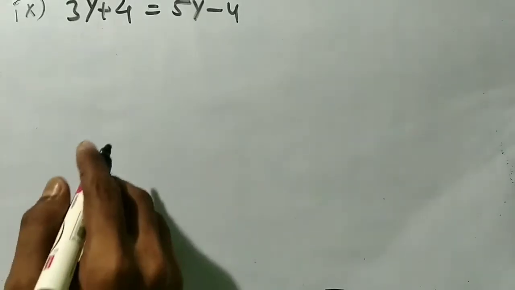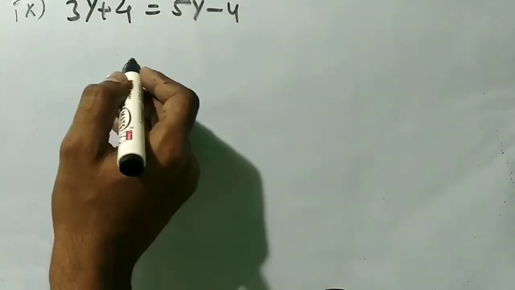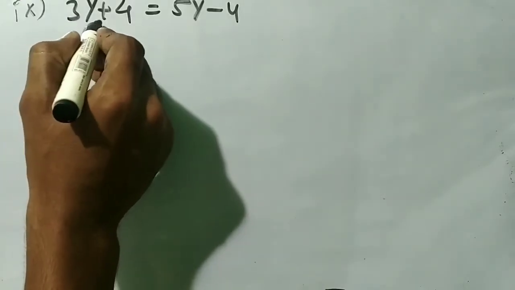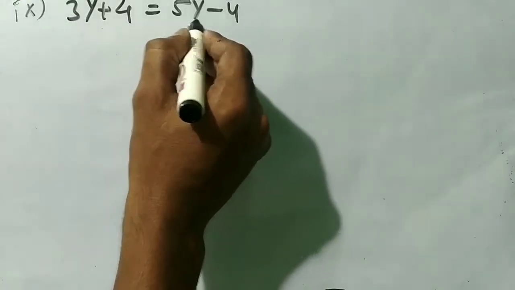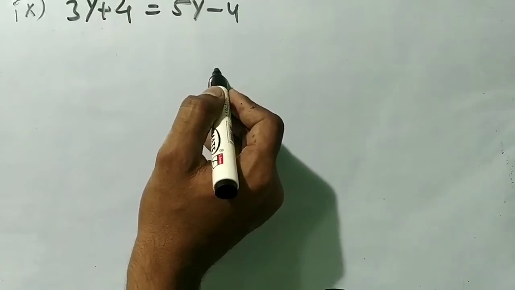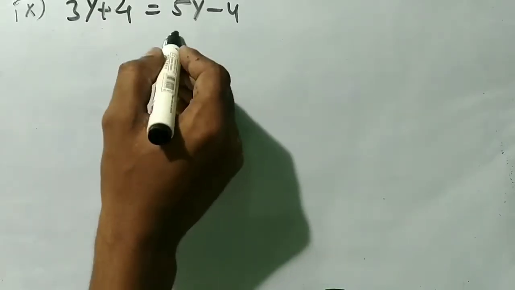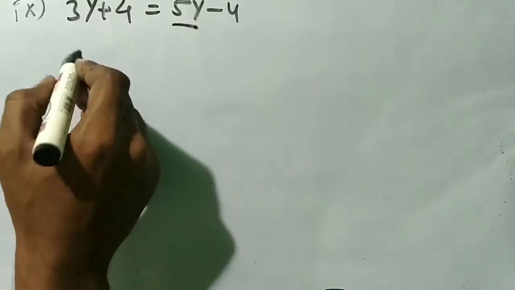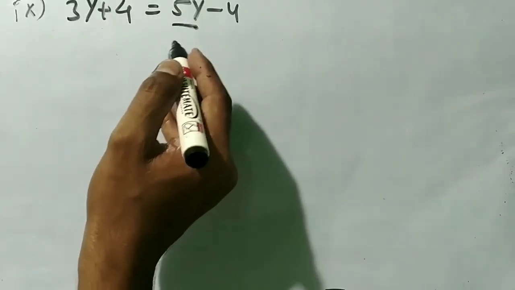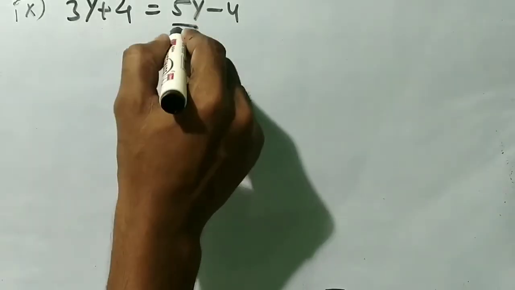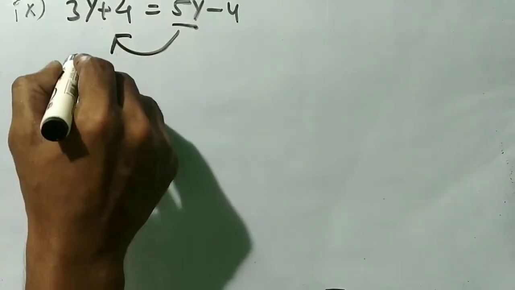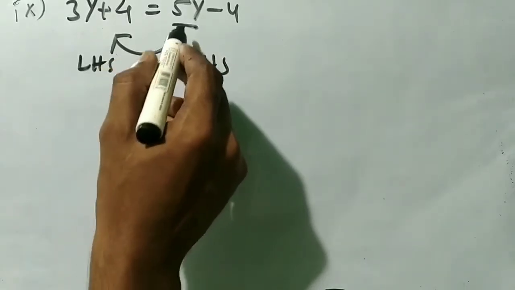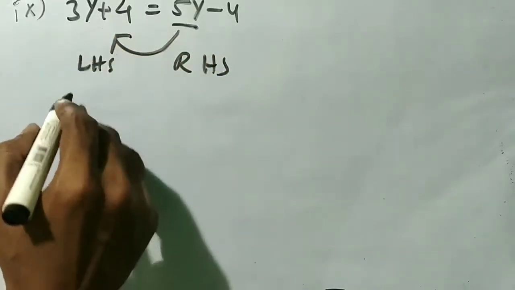This is the 9th one, which is similar to the 8th one. So 3y plus 4 is equal to 5y minus 4. Let's do one thing here: for ease, we are transferring 5y to the LHS. It was plus 5y, and it becomes minus 5y.